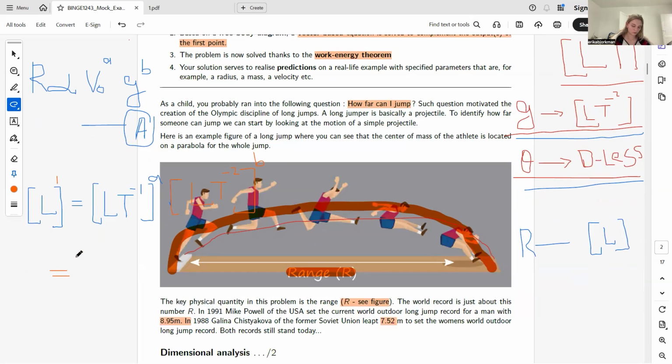So let us simplify. We need to give the power to each term within the bracket: L raised to the power a and T raised to the power minus a.